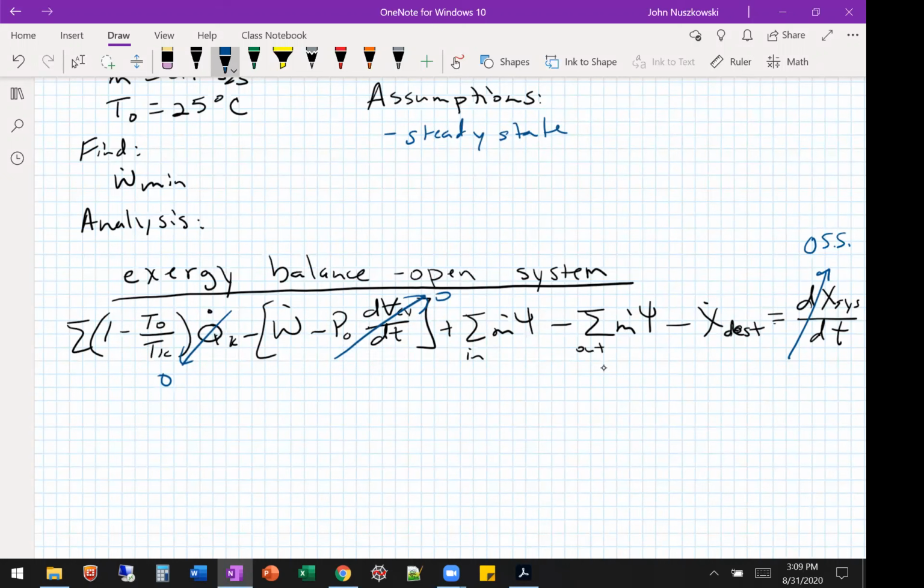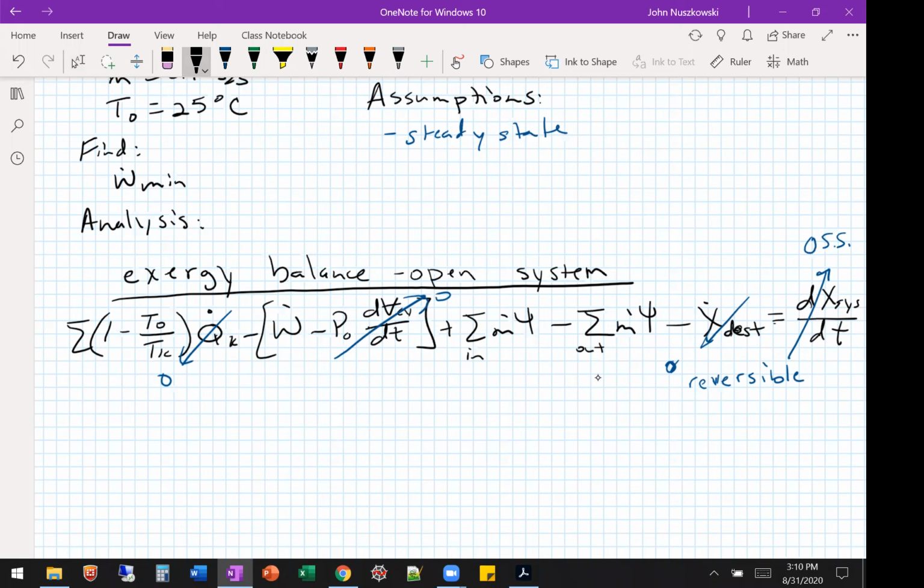And then the other key one was we're making X destroyed 0 because we're looking for the reversible case, which is our best case because we're putting work in. So when we do this reversibly, it's going to be our minimum. If we were getting work out, that would be our maximum.